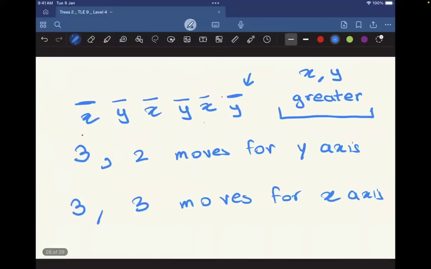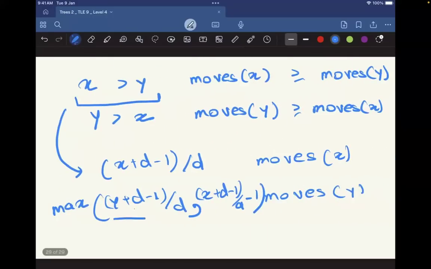Because if I am doing some number of X operations and I'm ending on X, then the minimum number of moves I have to do for Y is the number of moves I'm doing for X minus 1. So whatever is maximum of these two is the number of moves I will be doing for Y. Yes or no, guys? Tell me. Yes, if X is greater than Y. Clear, guys? Is this much making sense?